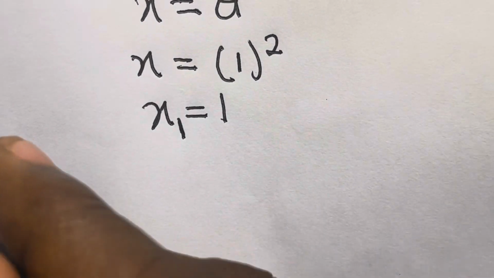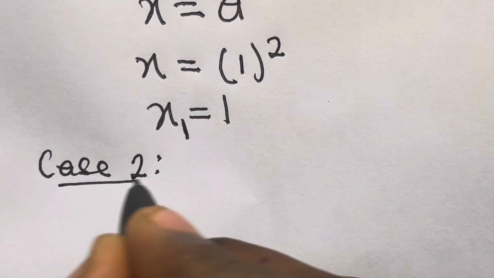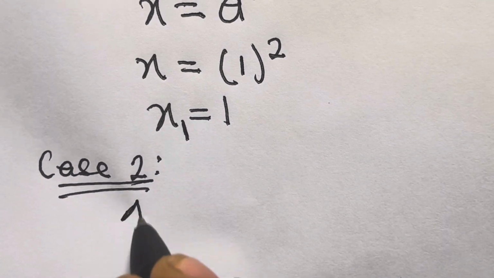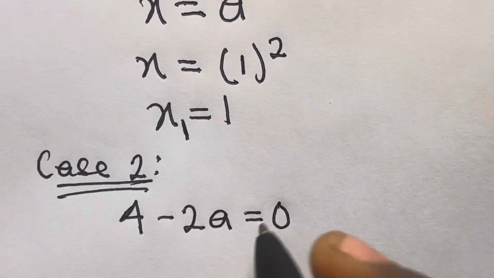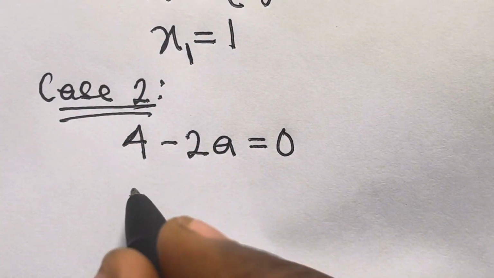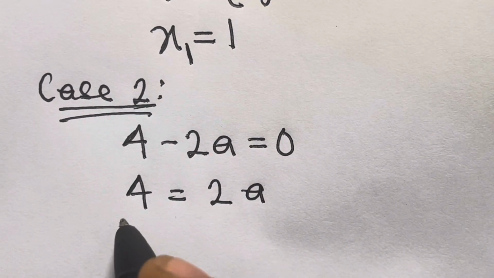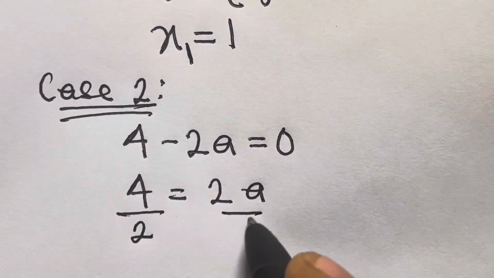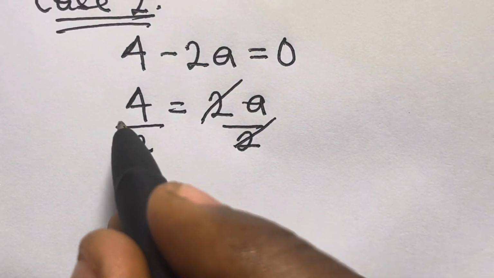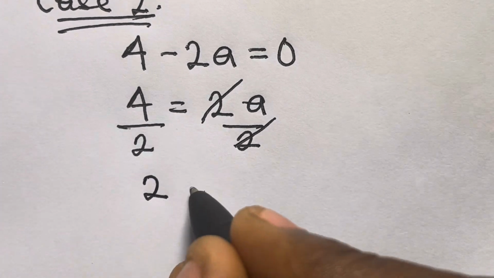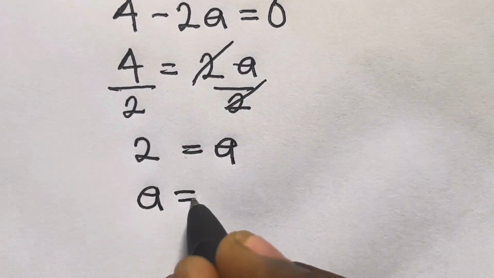For the second case, case 2, we have 4 minus 2a equals 0, and we have 4 equals 2a. Here we can easily divide both sides by 2, and we have 4 divided by 2, which gives us 2 equals a. So we can declare that a equals 2.